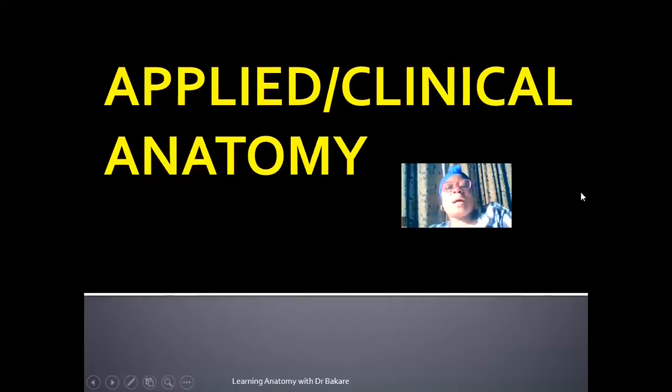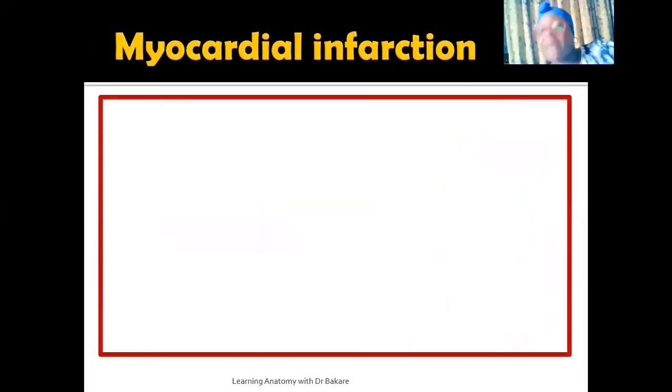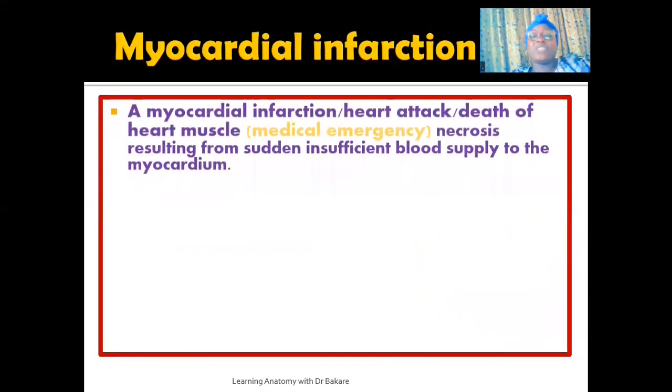So let's go to applied or clinical anatomy. Let's look at myocardial infarction. We talked about this in our previous slide. It's also referred to as heart attack or death of heart muscle. This is a medical emergency, and it occurs as a result of necrosis, which results from sudden insufficient blood supply to the myocardium.